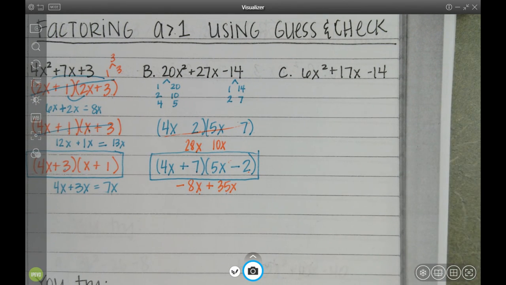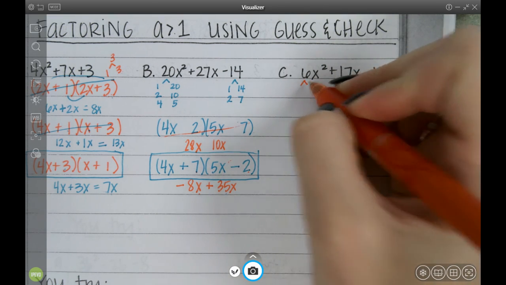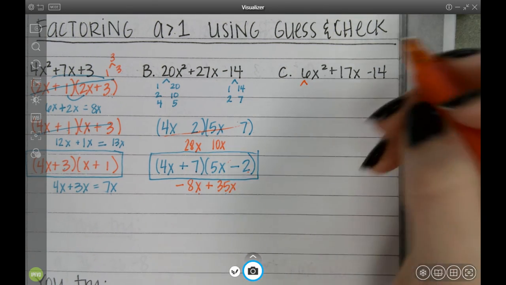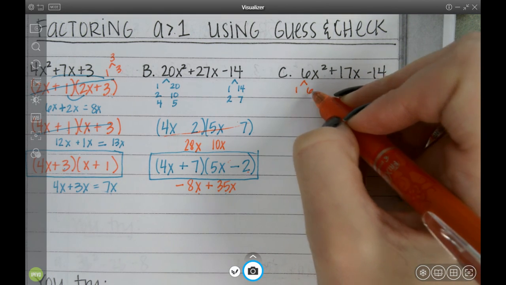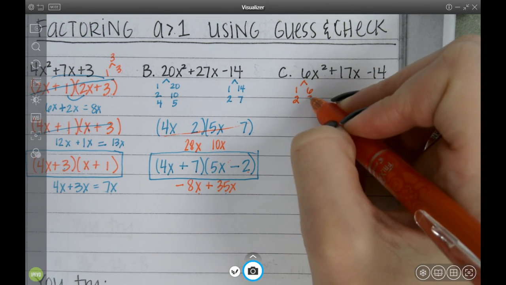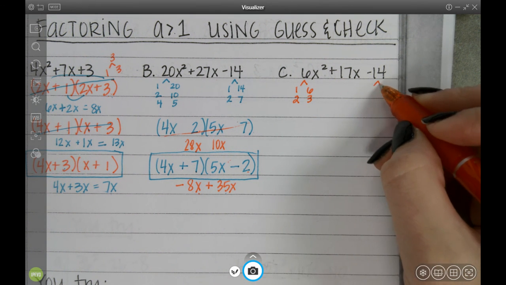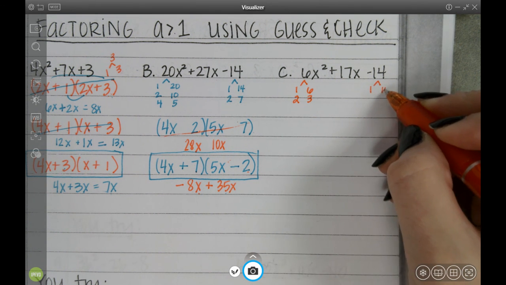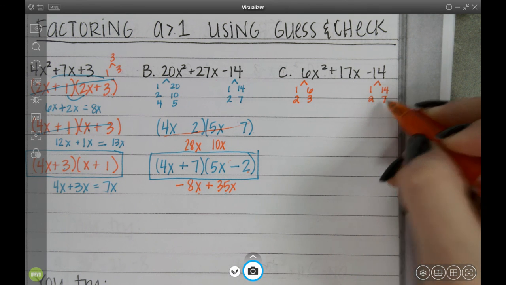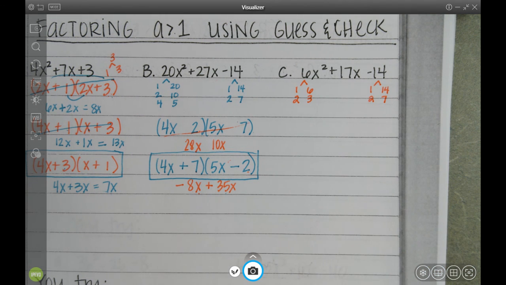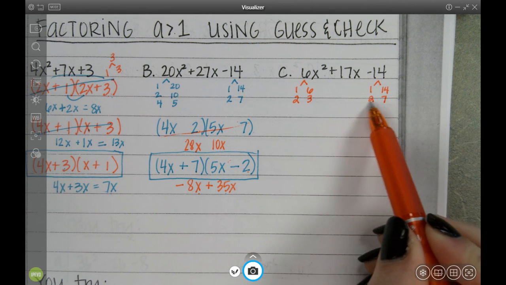Okay, I'm going to do one more with you. What are my factors of 6? 6 and 1, and 3 and 2. What are my factors of 14? 1 and 14, and 2 and 7. Yep. Okay, so again, I'm going to use these down here at the bottom.